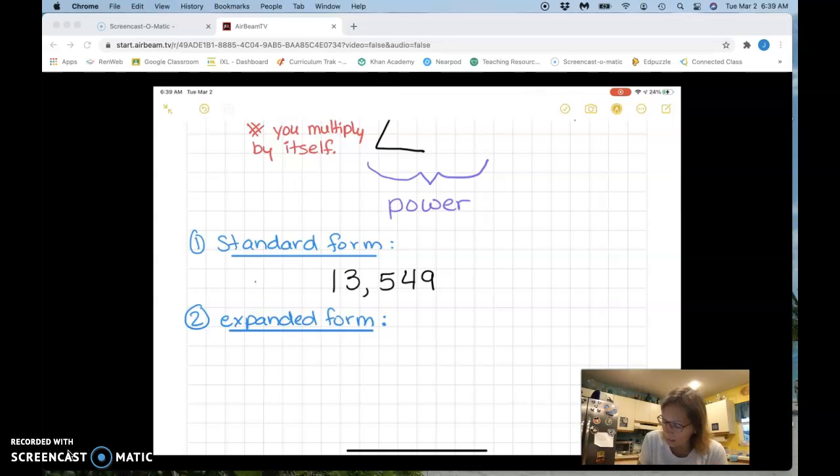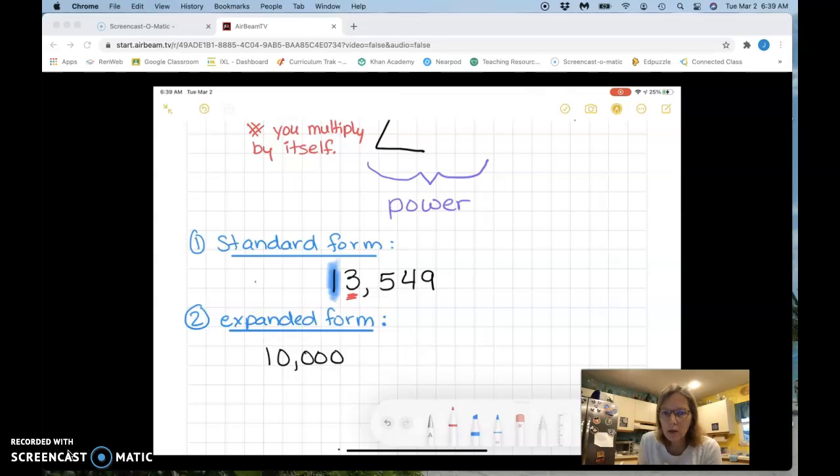If I'm writing in expanded form, I'm going to take each place value and write the number out. So, for example, if I'm using that same number that I used in the above example, the ones place represents 10,000. Okay? Keep going. That 3, I'm sorry, I said the ones place last time. I did not mean that.